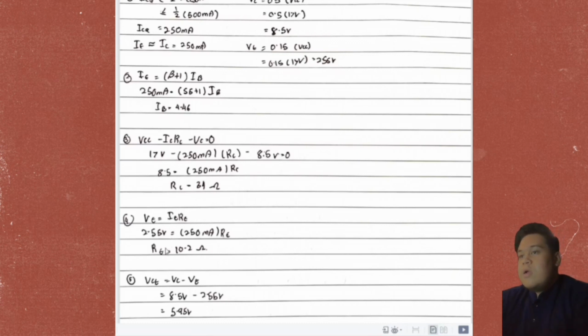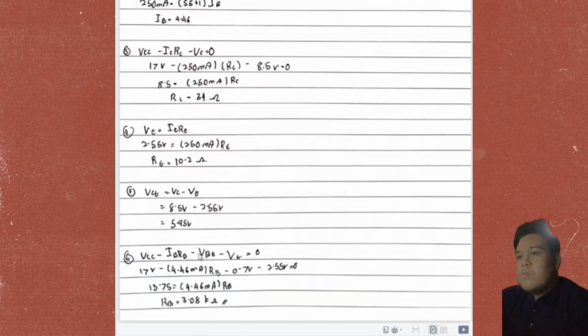So to find the RE, we use Ohm's law. VE equal to IE times RE. So VE we got 2.55 volt equal to 250 milliamp times RE. So RE we got 10.2 ohm.